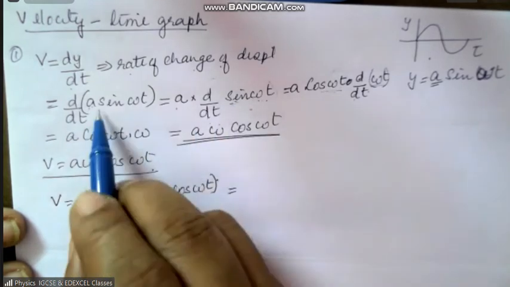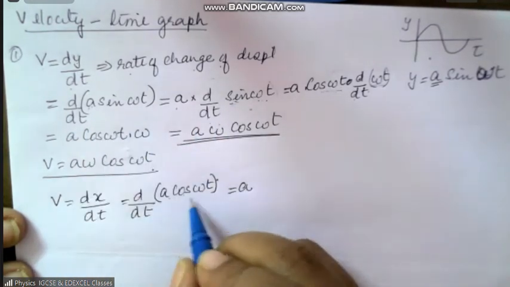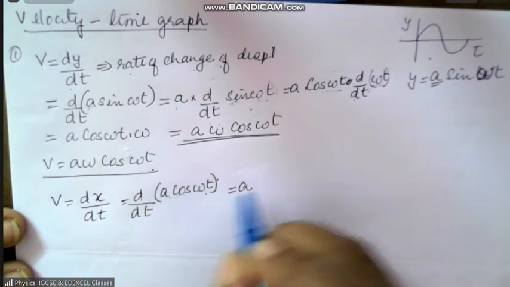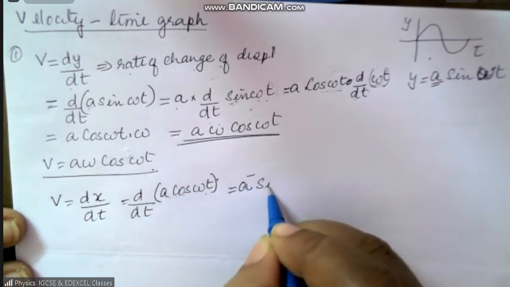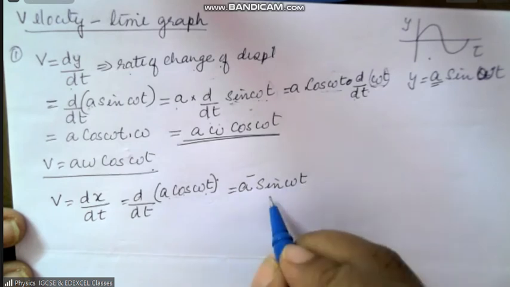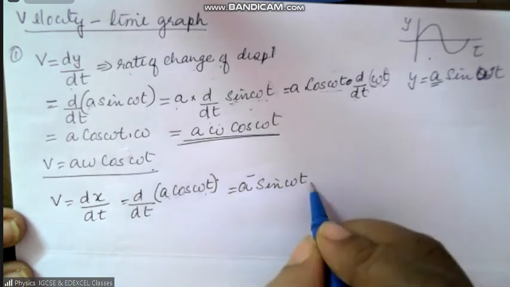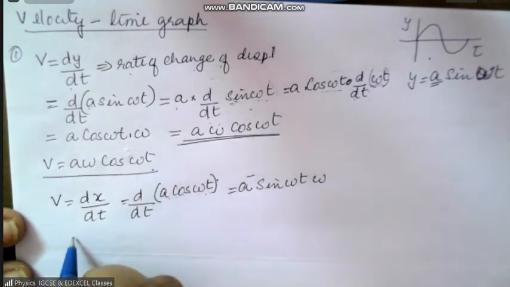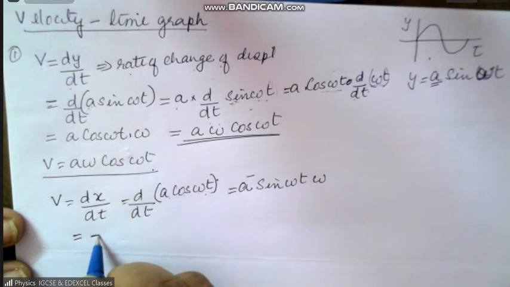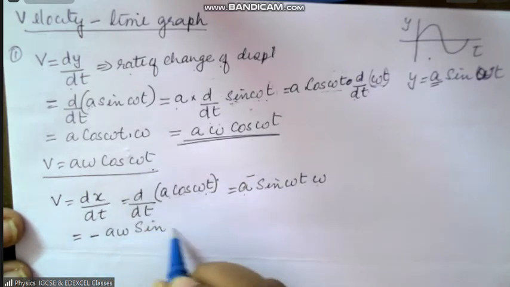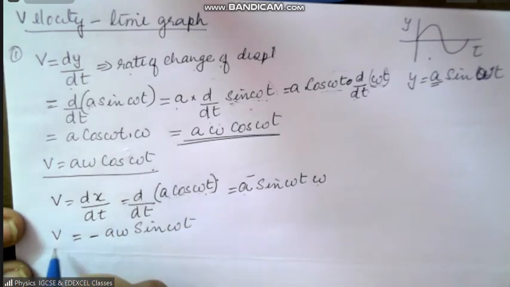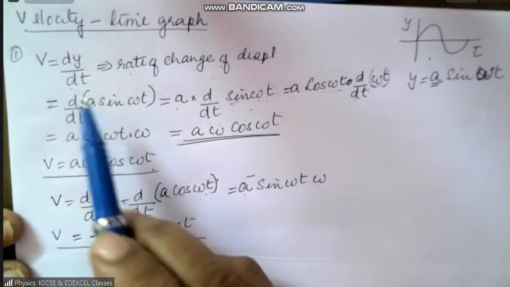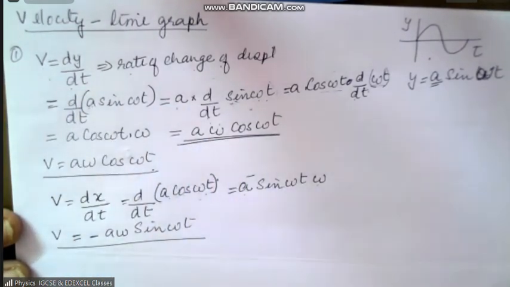In the same steps, a, now d by dt of cos omega t is minus sine omega t. Now d by dt of omega t is omega. So what will you finally get? Negative of a omega, constant, a omega sine omega t. So had you taken x, then this is the answer. If you have taken y, then this is the answer.